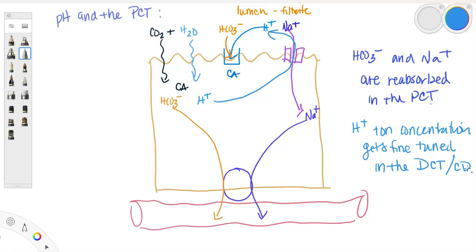And depending on what side you're on, if you've got too much bicarbonate or too many hydrogens, these specific cells have special transporters that either conserve hydrogens or get rid of hydrogens depending on what the pH is there. All right, so in the next video, we're going to talk specifically about what's happening with pH in the distal convoluted tubule and the collecting duct.